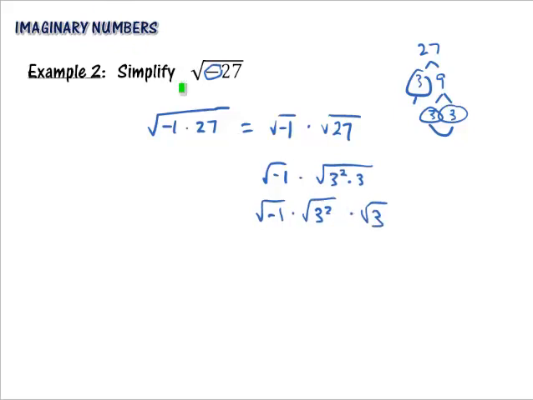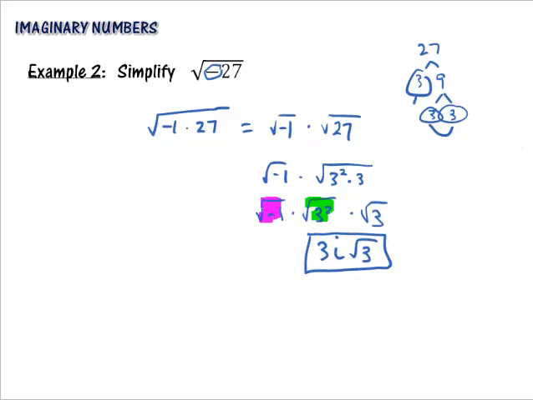The square root of 3 squared, if you remember from yesterday, just becomes 3. The square root of negative 1 is just i. And the square root of 3 is simplified, so we leave it there. So that simplifies to 3i times the square root of 3.